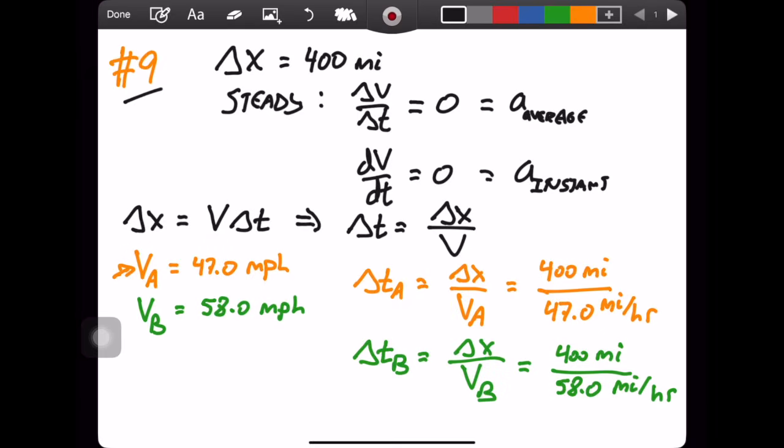Okay, so just going back, we started out, we were given a distance, we were given a couple different velocities. We know that if the velocity is steady, that means that there's no change in acceleration, so we can say that the displacement is simply equal to whatever that steady velocity is multiplied by whatever time interval duration there is. We did a little algebra in order to rearrange things to express the trip time for both Alan and for Beth.